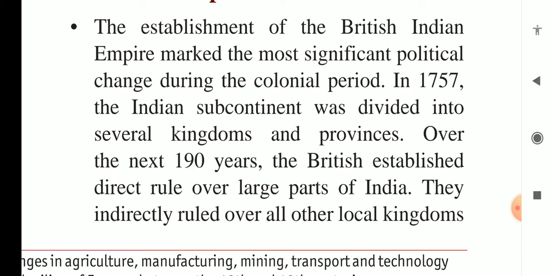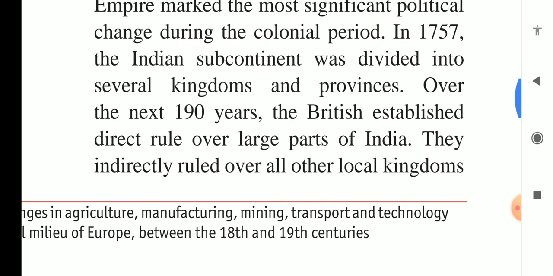gradually, or we can say very quickly. Britishers, by means of sometimes cunningness, sometimes smartness, were thinking very hard about controlling territory. So they started taking direct rule over large parts of India, and during these 190 years, they controlled almost all the parts of India except some small parts.